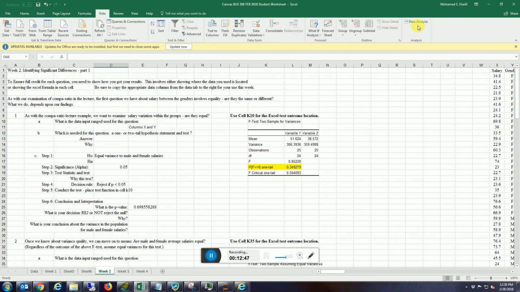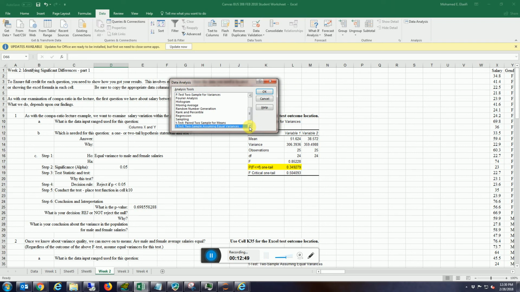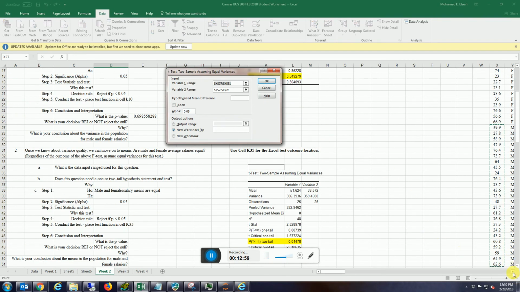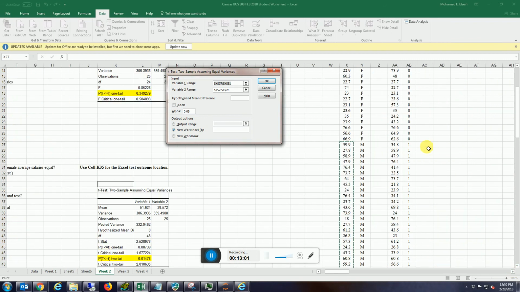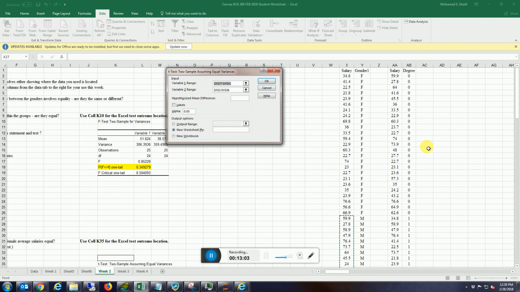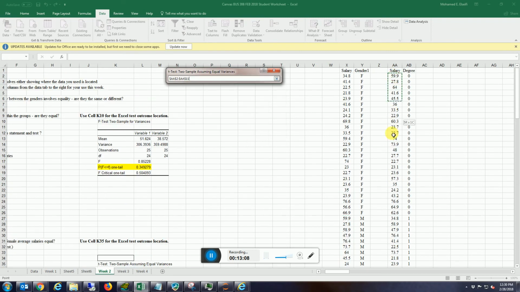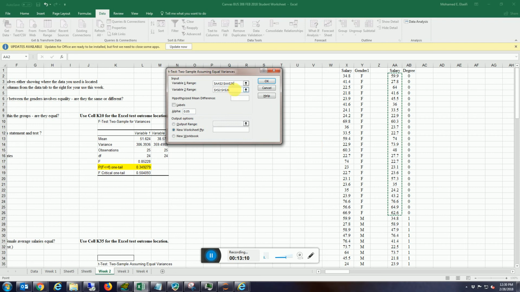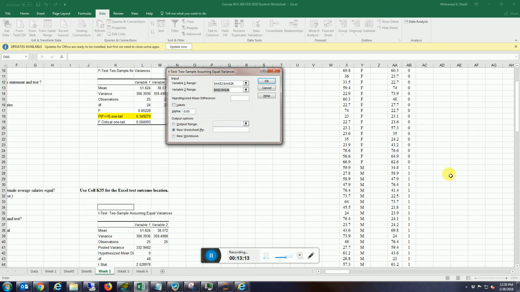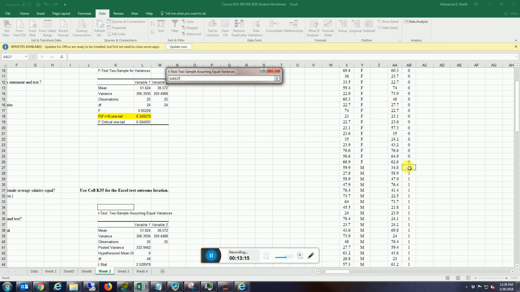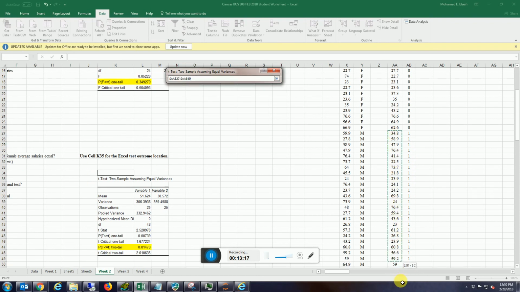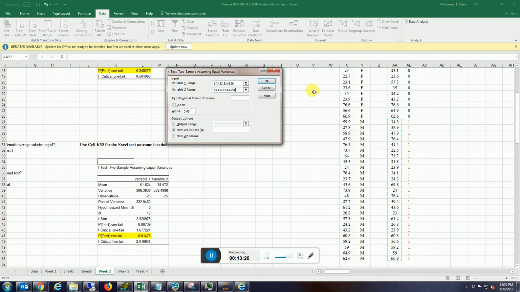So we'll go to data analysis. Again, two sample, assuming equal variances. This time our first group will be people with undergraduate degrees, and our second group will be people with graduate degrees.